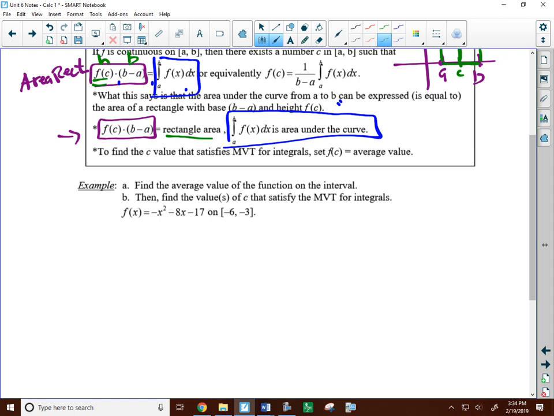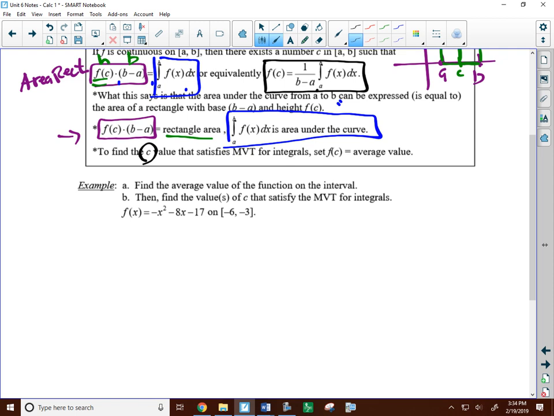The other one I'll put in black up here. Either form. And we can use, again, the right side of this equation when you divide by b minus a is the average value. And so to find a c value, kind of like we did with AROC to IROC, with MVT for derivatives, we can find a c value that satisfies the mean value theorem, where this would occur. Basically, that's what we did for MVT for derivatives.